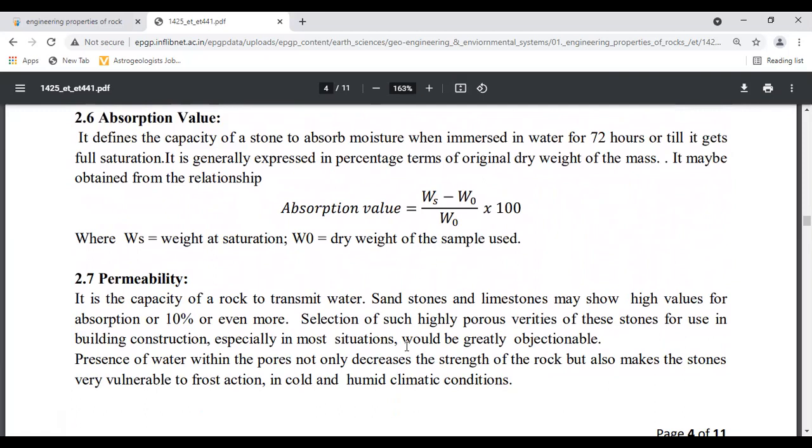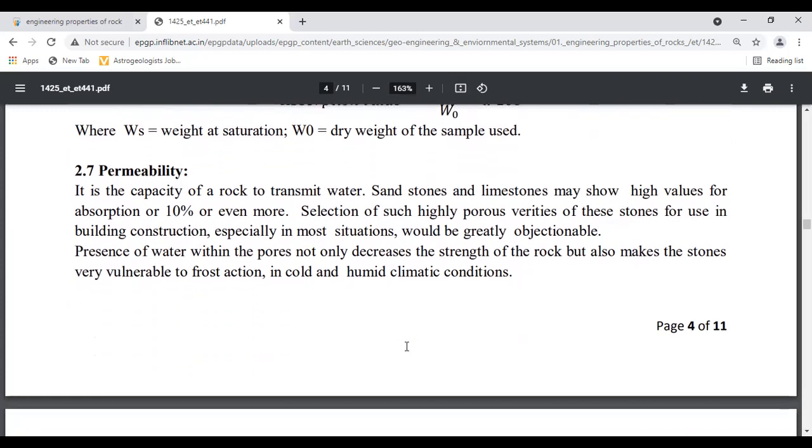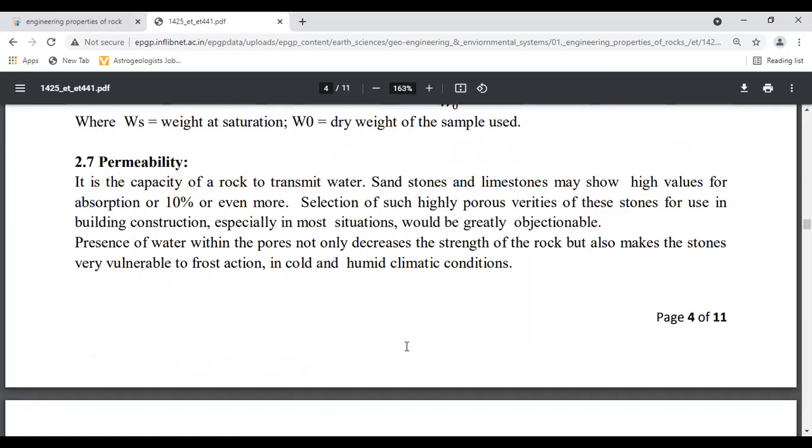It may be obtained from the relationship: absorption value = (Ws minus W naught) by W naught into 100, where Ws is the weight at saturation and W naught is the dry weight of the sample used. Permeability is the capacity of a rock to transmit water.